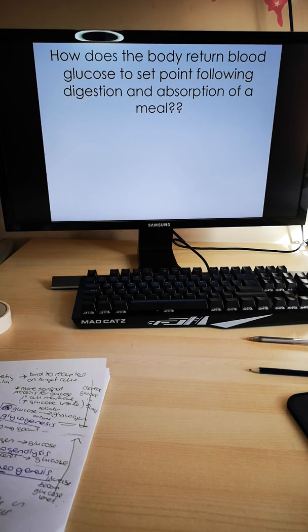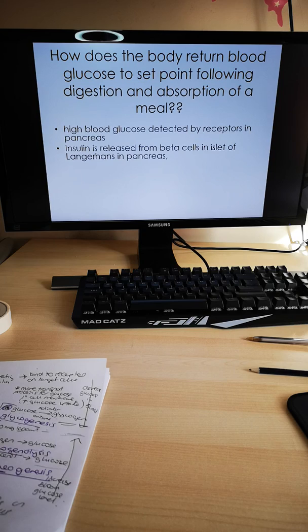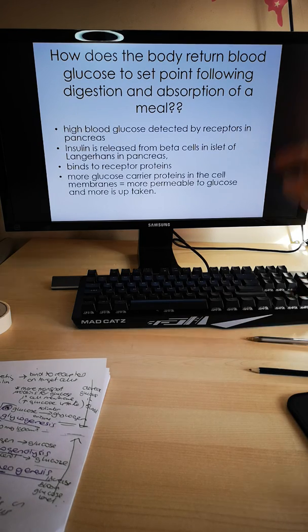Next one, how does the body return the blood glucose to set point following digestion and absorption of a meal? This is usually the one that comes up on the exam the most. So high blood glucose, again, detected by receptors in the pancreas. Insulin is then released from the beta cells in the islets of Langerhans in the pancreas. Binds to receptor proteins on target cells, liver particularly.